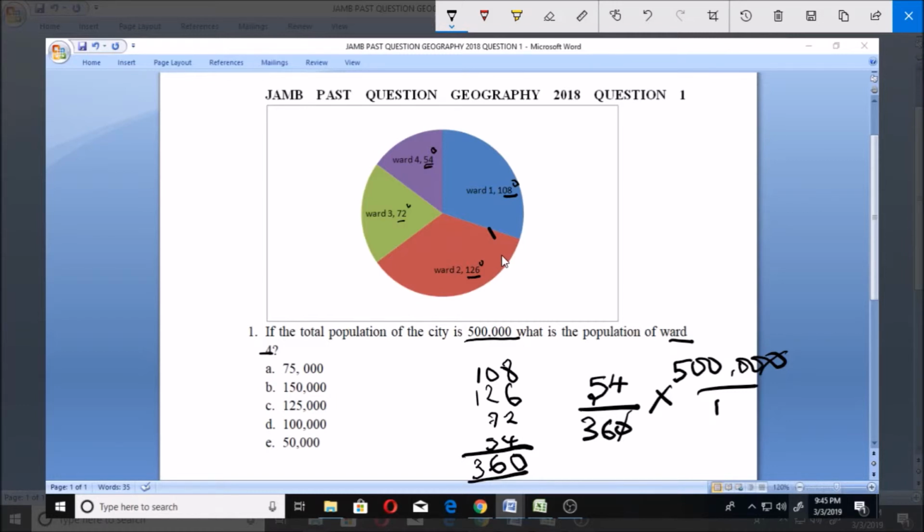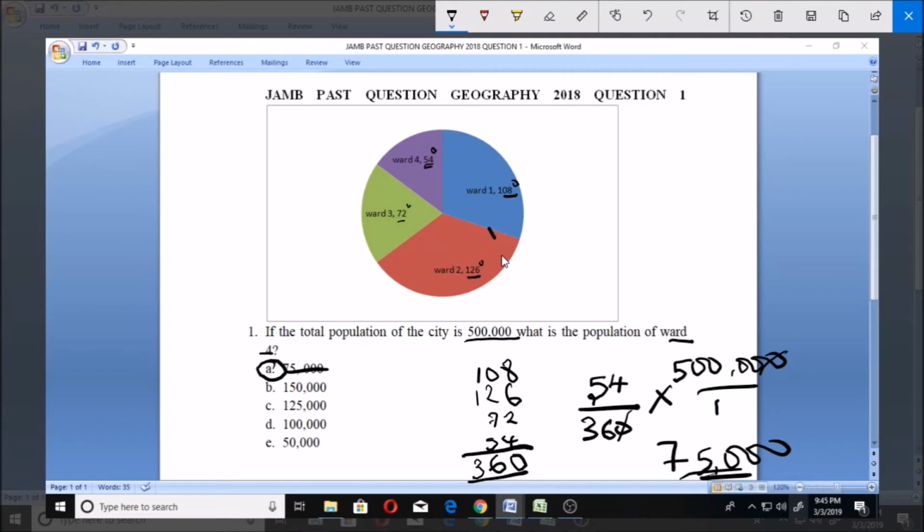So actually, when you do 54 times 50,000, what you get is 2,700,000, and you divide it by 36, you get the right population, which is 75,000. So the right answer when you do this division is 75,000, and that is the answer to this. And you can see this is option A, 75,000.